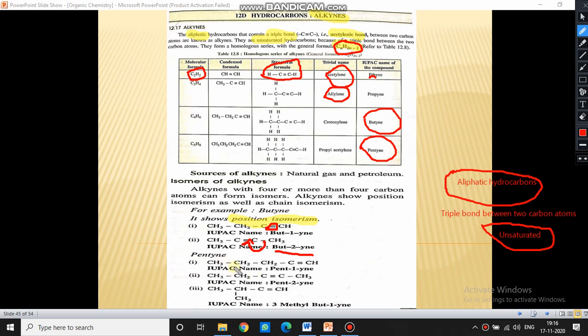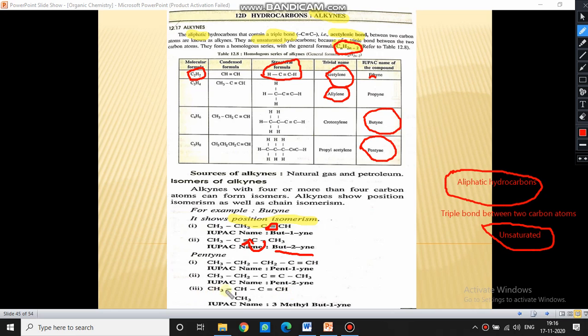In the case of pentyne, here it was between the first and the second carbon, so the number goes to the lower one, that is why it is pent-1-yne. And in this next example we have changed the location, so it becomes pent-2-yne. And in the third case we have shown a chain kind of isomerism.